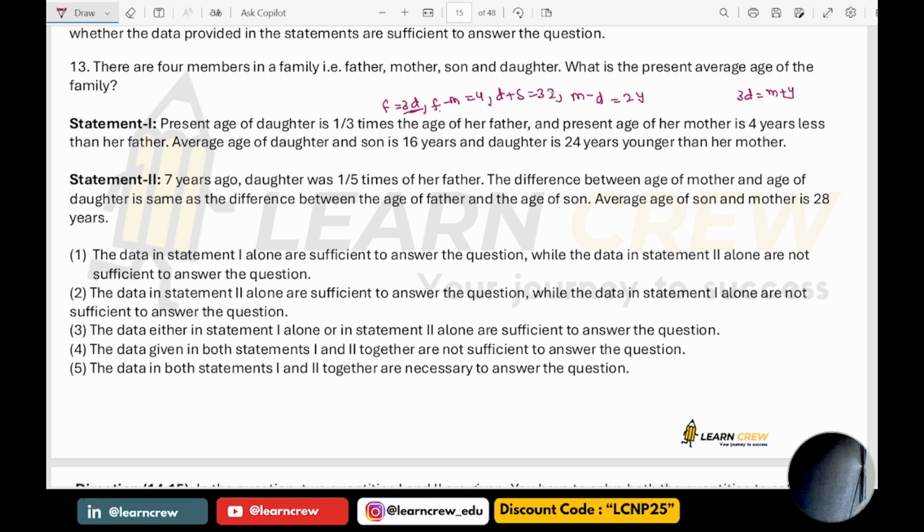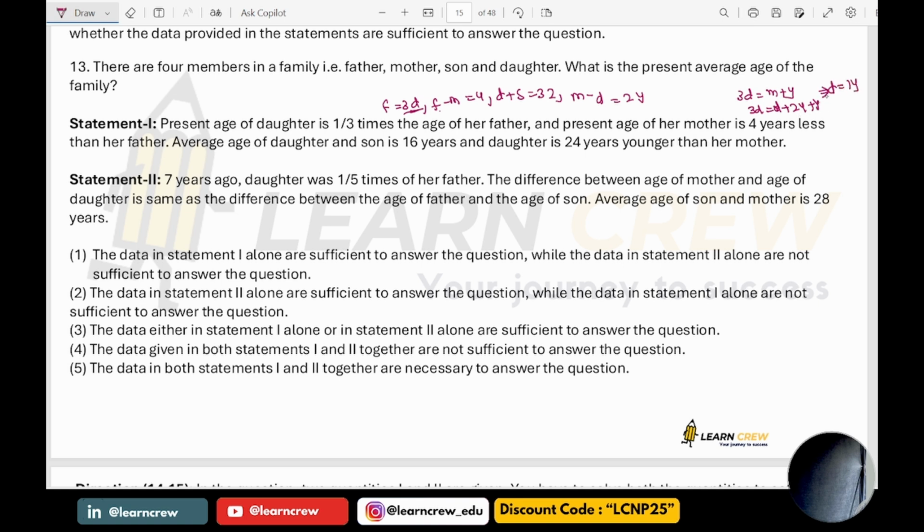What is M here? M is D plus 24. So 3D is equal to D plus 24 plus 4. From this, you will get D as 14.